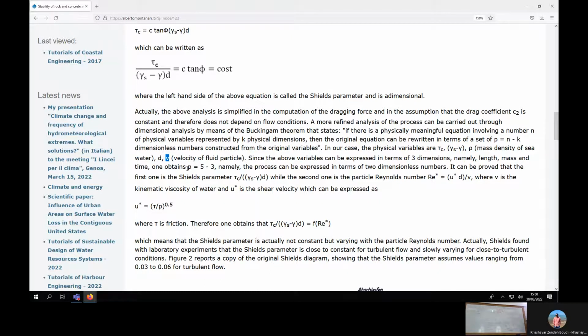You see that basically this number, along with the Shields number, is relating the quantities I am interested in, because the shear velocity is given by tau divided by rho. These are two of the 5 quantities I am interested in. And then, again here, there is the kinematic viscosity of water, which is a constant.